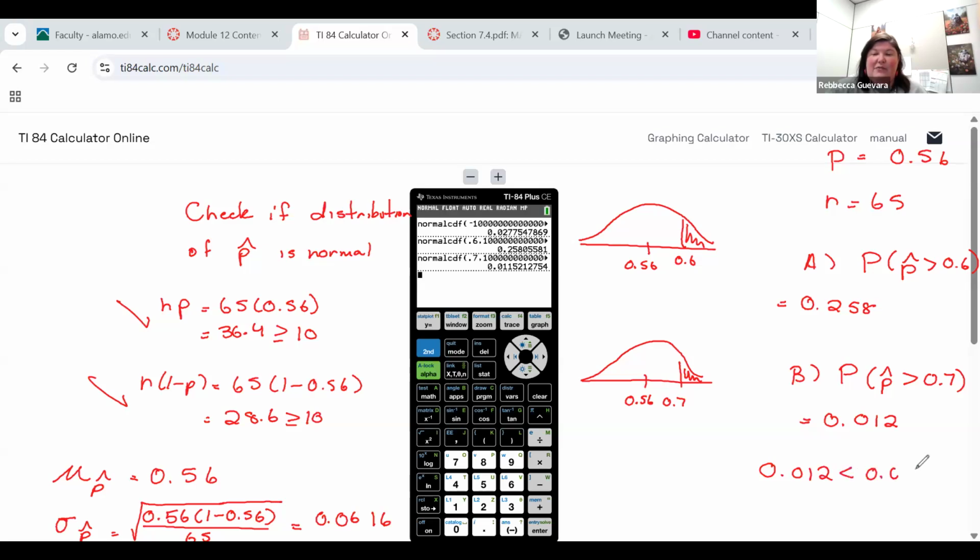Like I said, this is less than 5%, so this would be unusual. So if I find a population of people and about 70% of them are regularly going to the doctor, that tells me there's something unusual going on with that population I need to look at. There may be some reasons they're feeling sick or something like that, but there's a bigger reason why they're going to the doctor and they're a group of people I need to investigate.